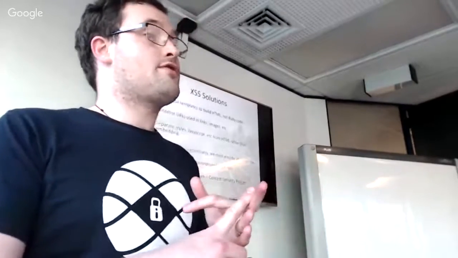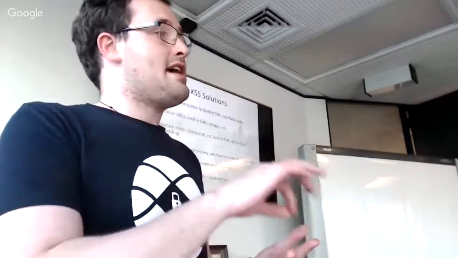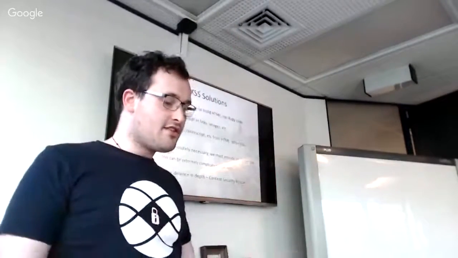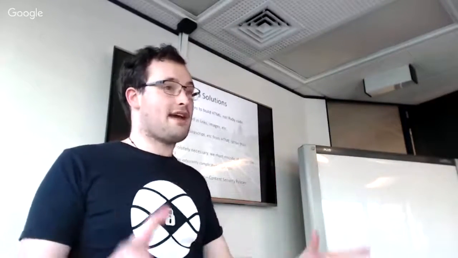Please ban using inline scripts in pages. Only allow scripts to be loaded from these domains, only allow images to be loaded from these domains. It can set down an entire policy about where the content in your page is allowed to come from and what that content's allowed to be. A solid content security policy, and there are ways of rolling these out fairly safely, is a really good backstop.